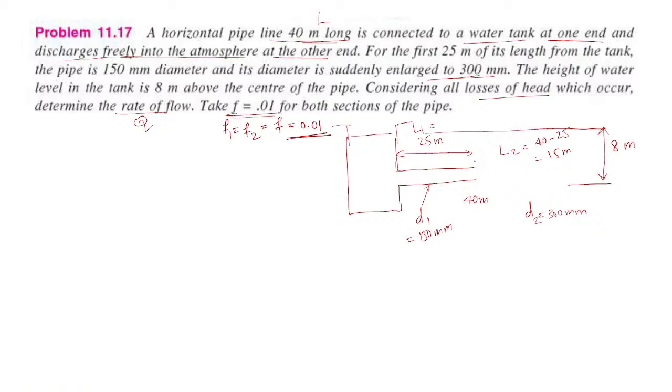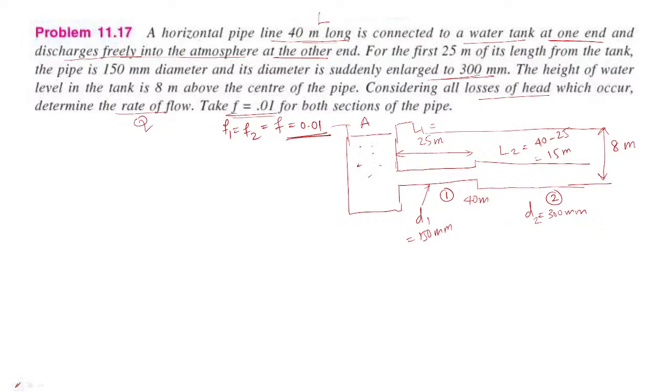After that it is getting enlarged, whose diameter is D2 and L2 becomes 15 m. So according to the given data, we have pipe 1, pipe 2, and this is a tank, tank A you can say.